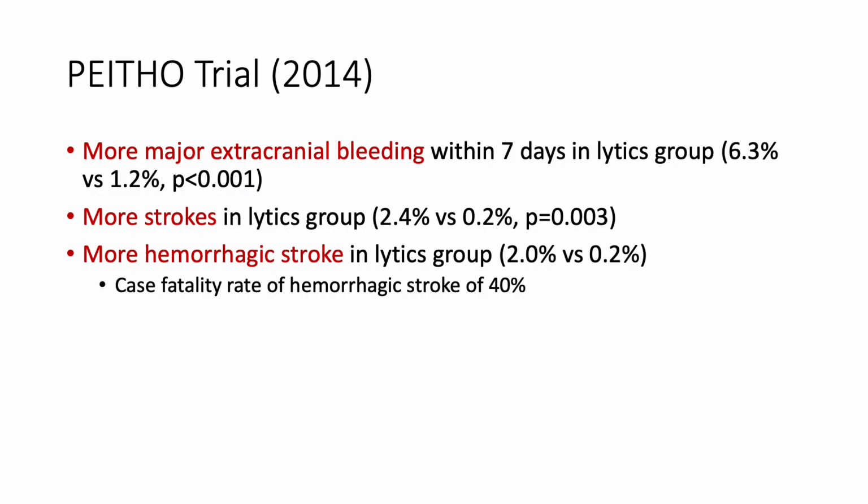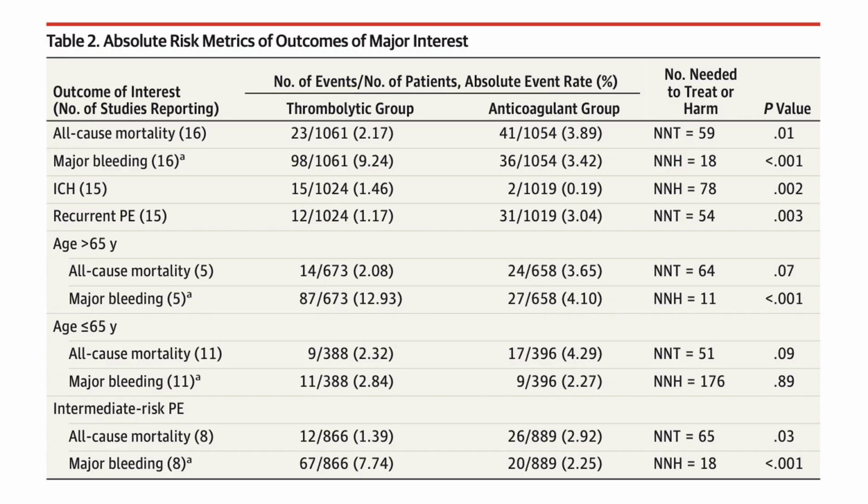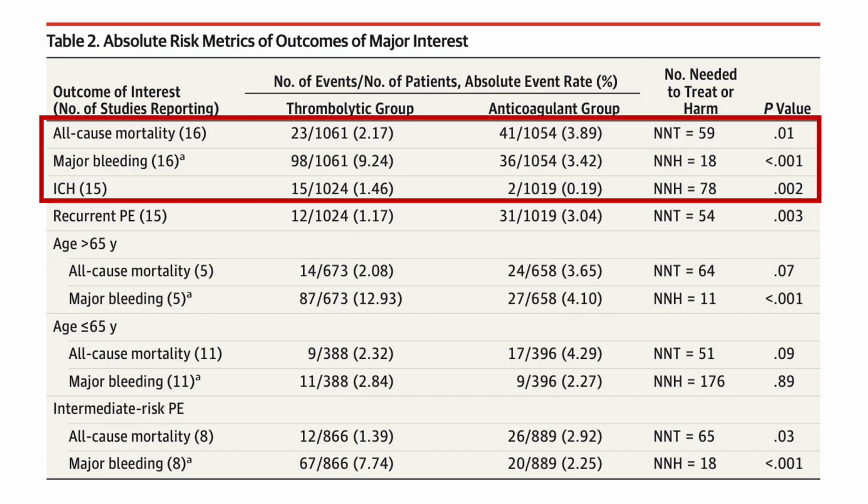Now, if you pool all the trials that have been done on thrombolysis, and PEITHO was the biggest one, you will see in this forest plot that thrombolytics probably do improve mortality for patients with pulmonary embolism. And so the number needed to treat to save one life is about 59.